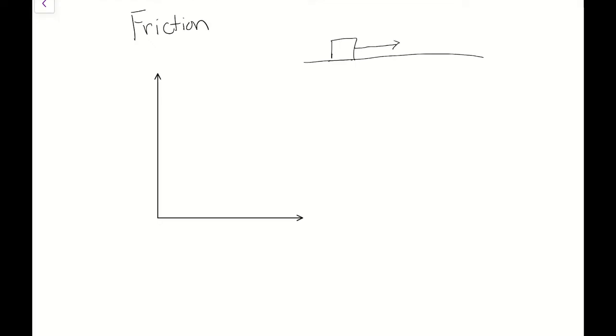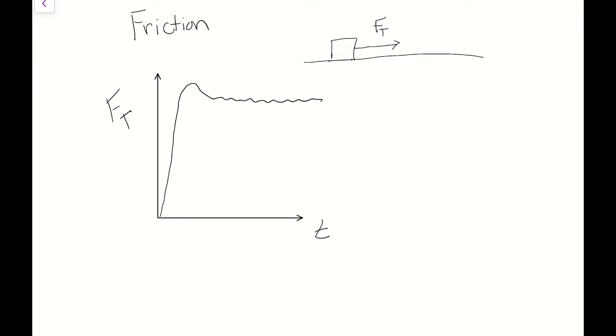And so what that graph will look like, if I have this block and this force of tension gets greater and greater, if I have force of tension graphed versus time, that force of tension will increase to a maximum value, and then it's going to decrease and maybe sort of fluctuate as you pull that block across the surface at a constant speed.